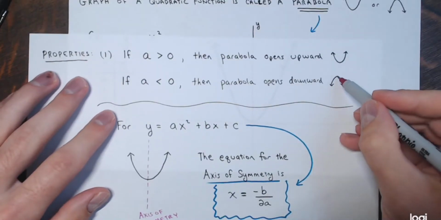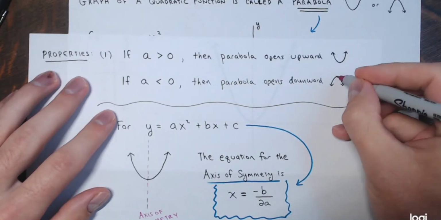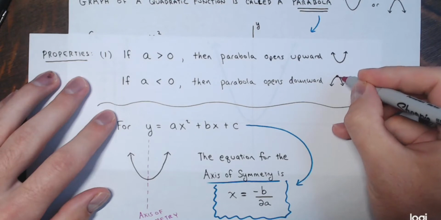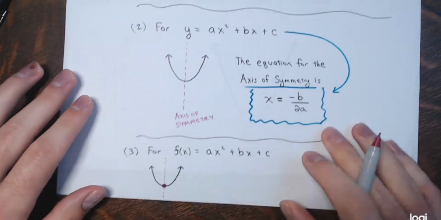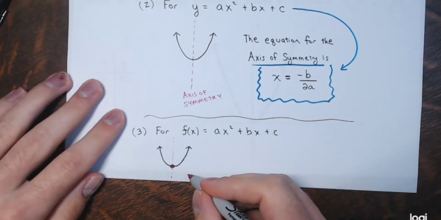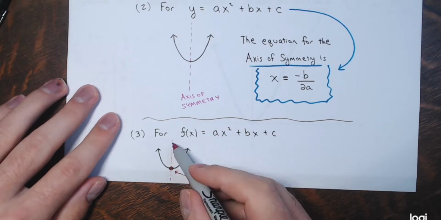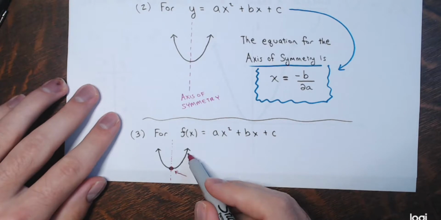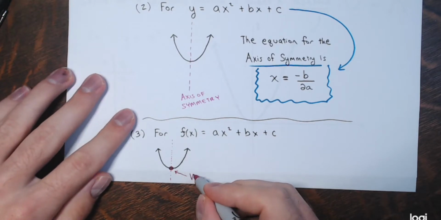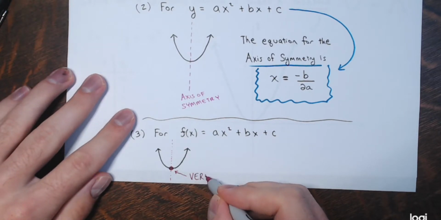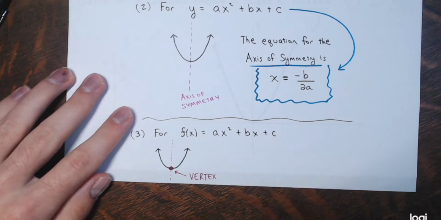If it's opening down like this, we're talking about the highest point of the graph. And this lowest point or highest point, this point that the axis of symmetry has in common with the parabola, this is called the vertex of the parabola.